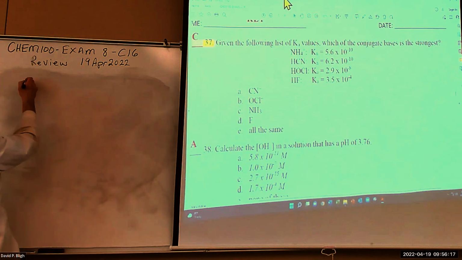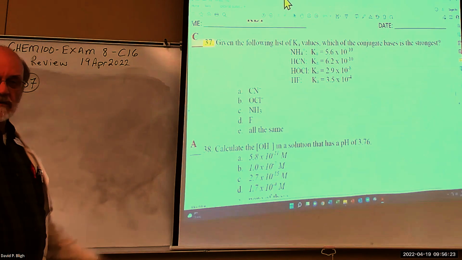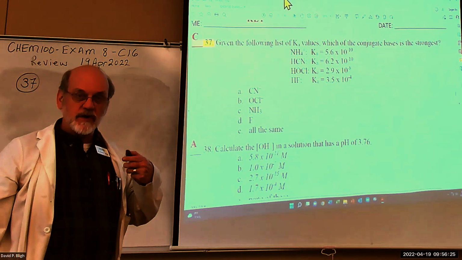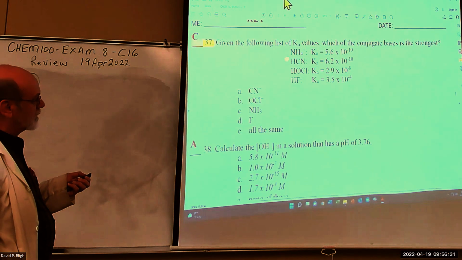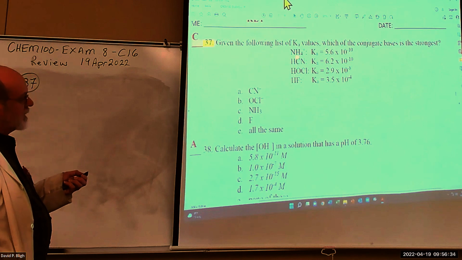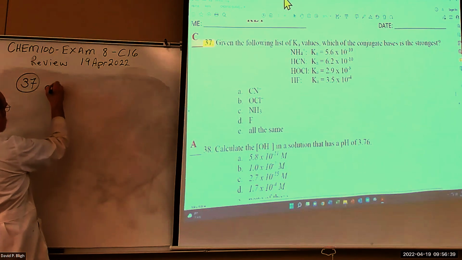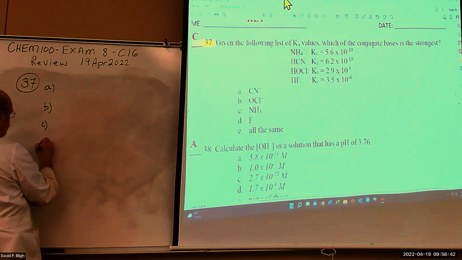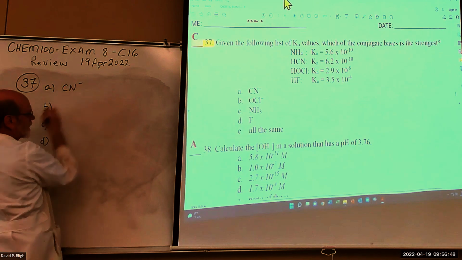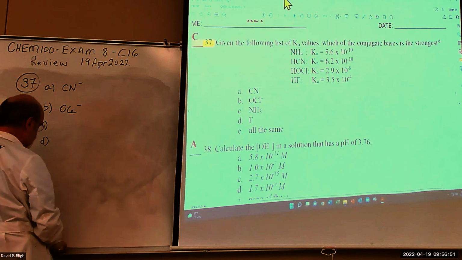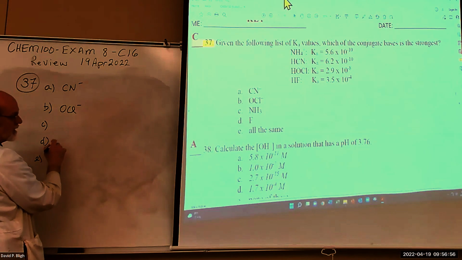All right, 37. This one is giving us some actual dissociation constants to go with our weak acids. So given the following K values here, for each one of these, which of the conjugate bases is the strongest? Okay, so this is a conjugate base that we're looking at. Here's a conjugate base.